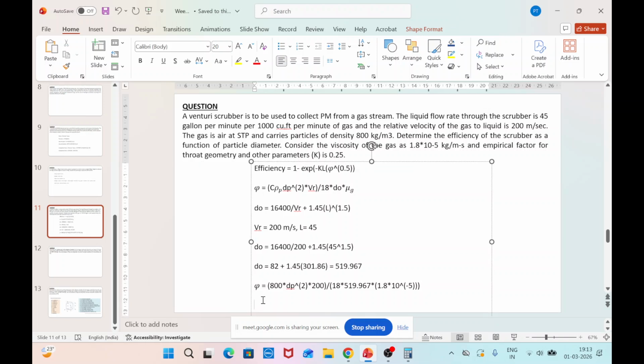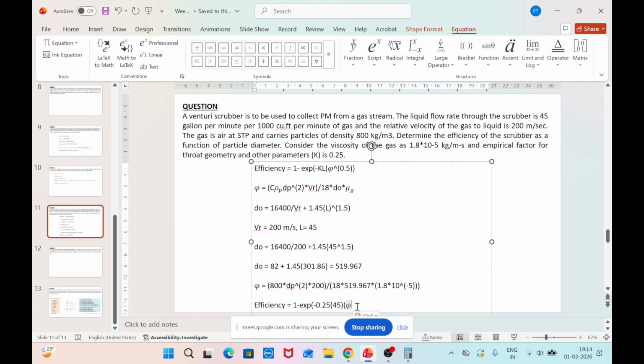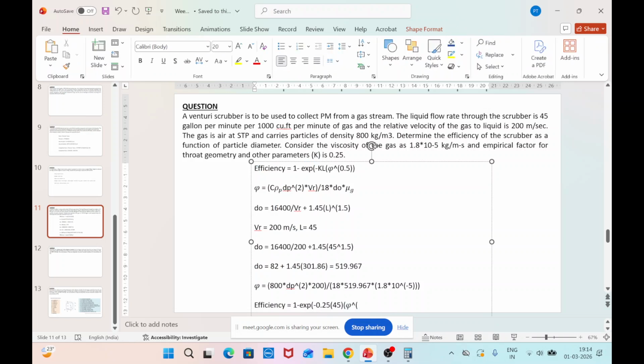So efficiency is equal to 1 minus exponential of minus 0.25 times 45 times psi to the power 0.5. So this will be the expression with the value of psi being 800 dp square times 200 by 18 times the entire expression.